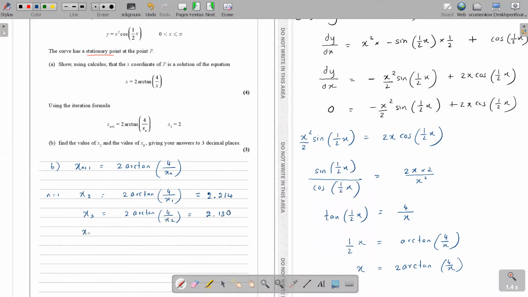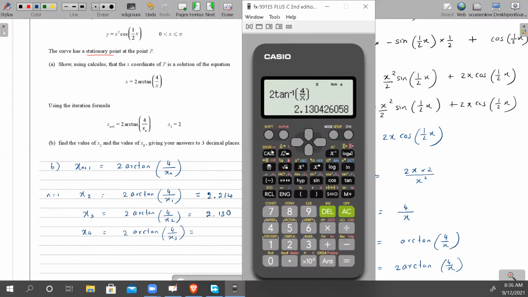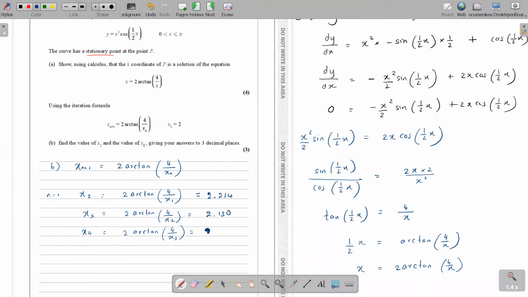So I need to continue. x4 will be 2 arctan 4 over x3. All you have to do is the x3 answer is stored in the calculator. You give calculate and give the answer for x, and then you get the next answer 2.1628, which is 2.163.